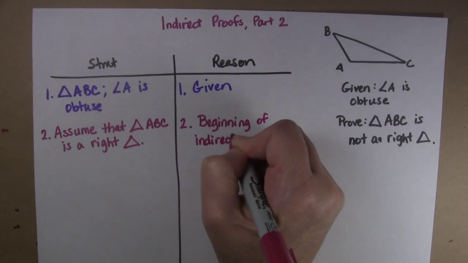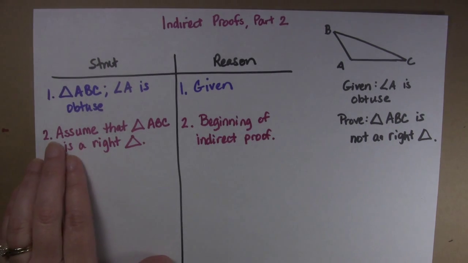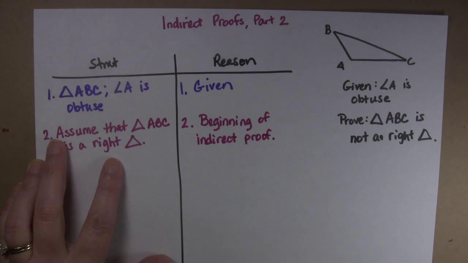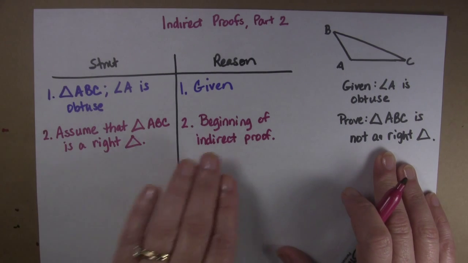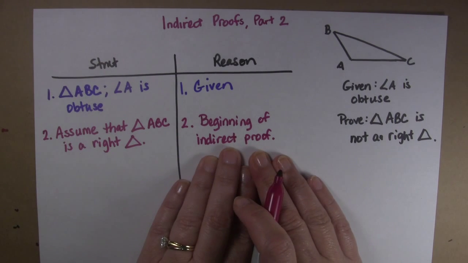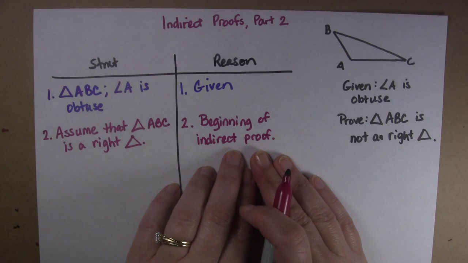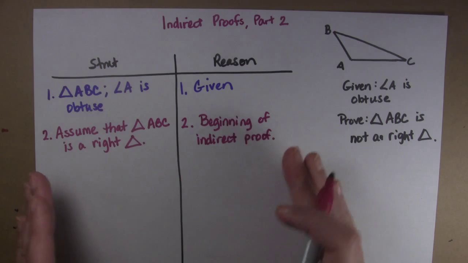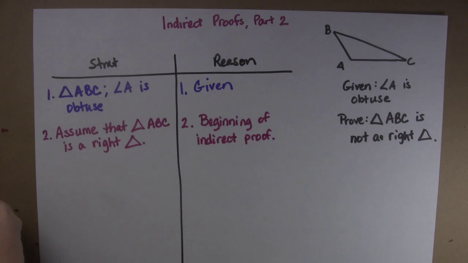So hopefully you're starting to get very comfortable with this idea. We have an assumption that is false, an assumption that is the opposite of what we're trying to prove. And then our reason for that is, hey, we're starting an indirect proof. I know that's a crazy thing to say, but we're saying it because it's an indirect proof. So that's kind of like a standard for indirect proofs.